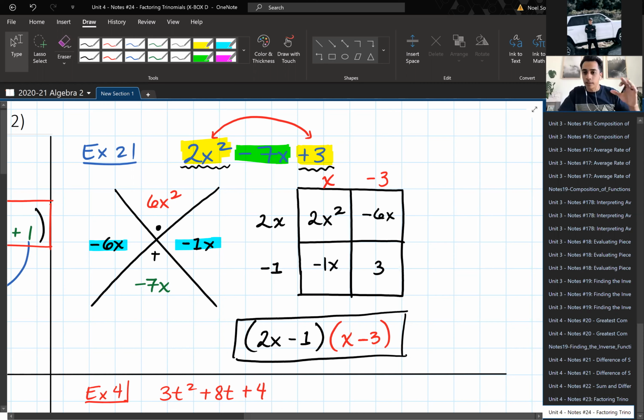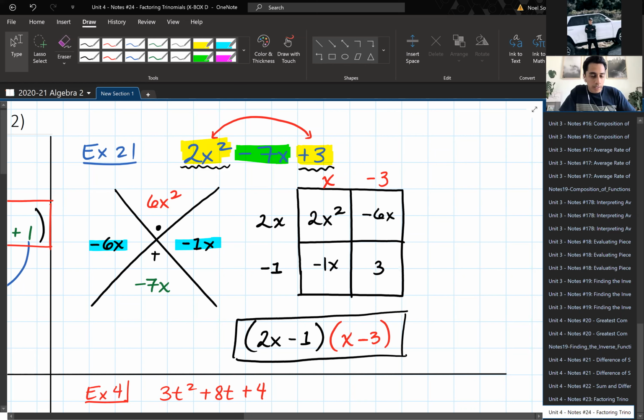In other situations, with the traditional method, the guess and test, sometimes you have too many options. You might get numbers like 12, where the possible factors are like 1 and 12, 2 and 6, 3 and 4, right? You have so many options to go through that you get fatigued of just guessing and testing. And this is where the Xbox method helps narrow your focus a little bit more. All right, so just give it a chance, even though it might seem a little confusing at first. We're going to try it a couple more times.